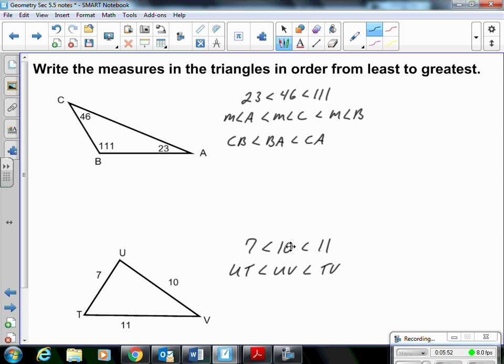And then from there, UT being the smallest here, the angle that would be smallest is straight across from that, which is angle V. So measure of angle V is going to be less than, the next bigger side is UV, and straight across from it is angle T. So angle T would be the next one. Then lastly, TV is the largest side, which is straight across from angle U.